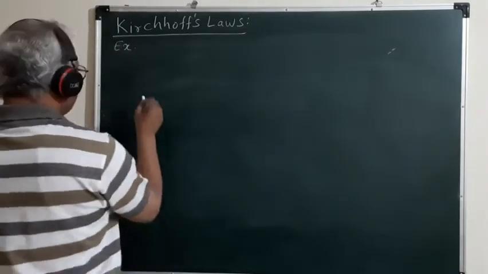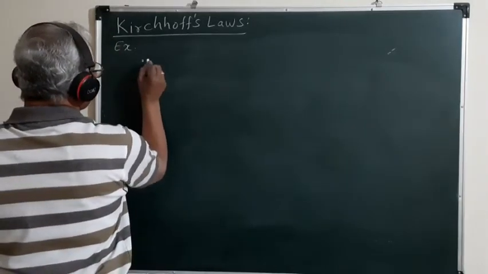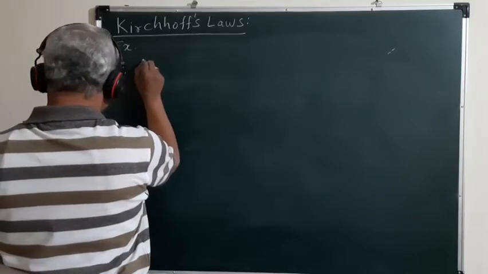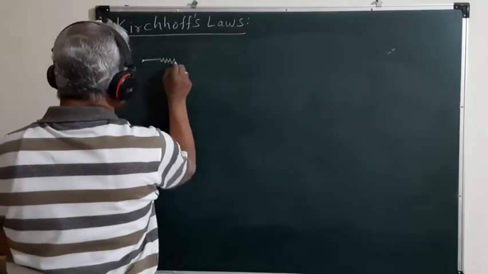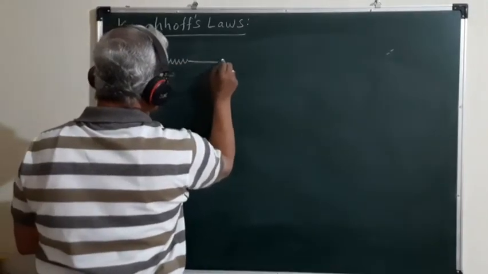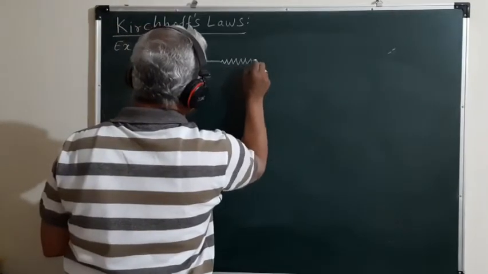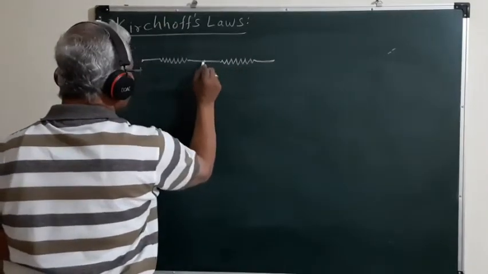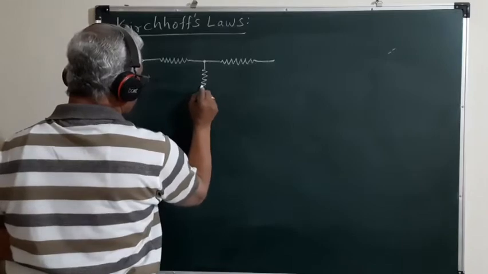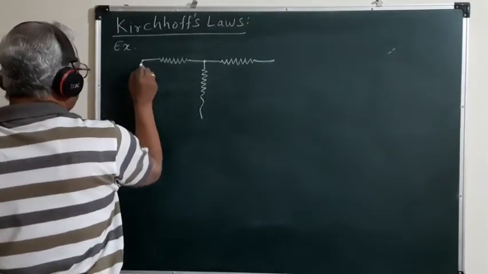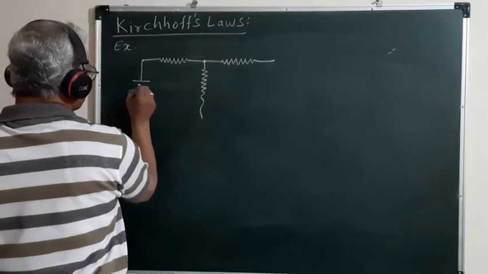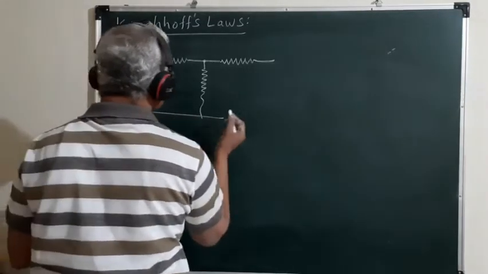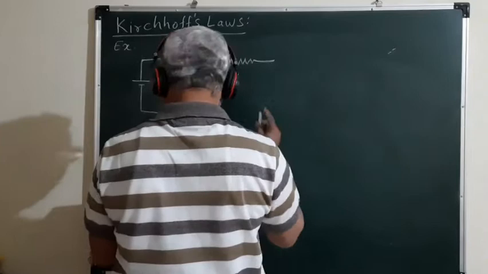We are given a network that contains three resistors R1, R2 and R3, and two sources of EMF, E1 and E2.